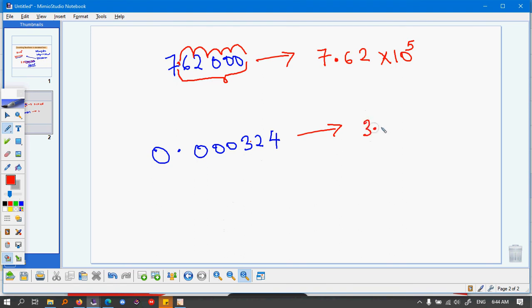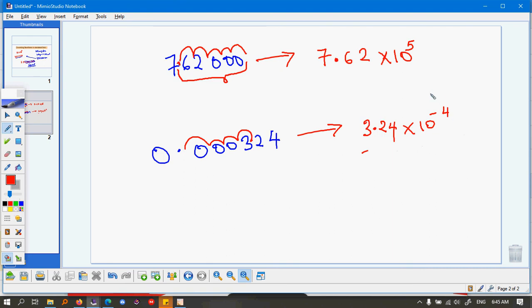So that's 3.24 times 10. Now, in this case, my decimal point would be going this side. So that would be 1, 2, 3, 4. So that would be times 10 to the power negative 4. Remembering that if I'm dividing by 10, 100, or 1,000, my decimal point goes to the left.